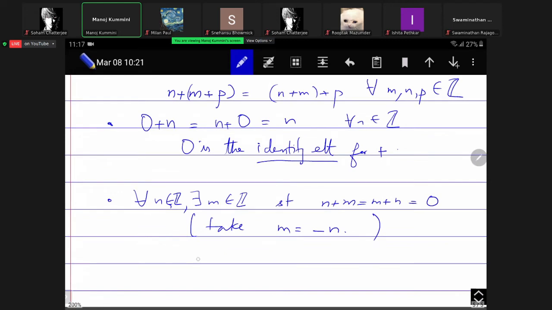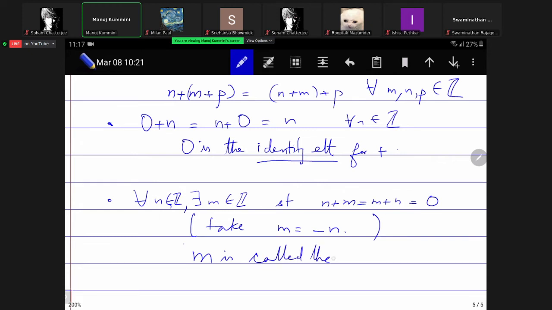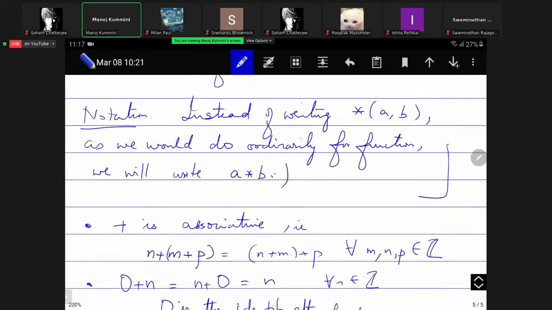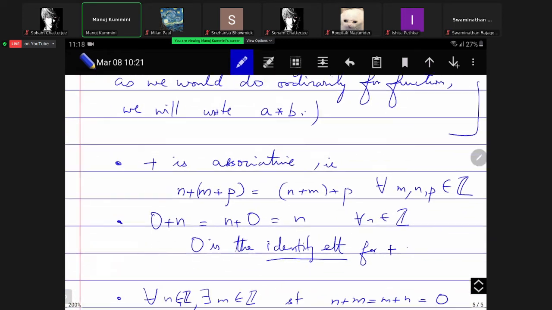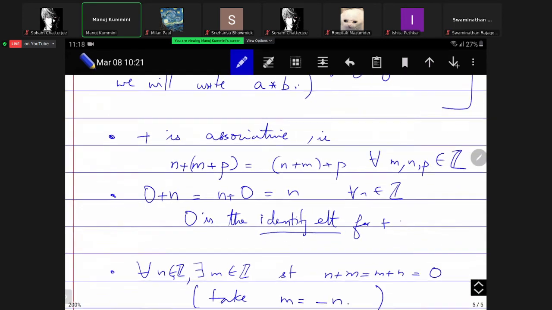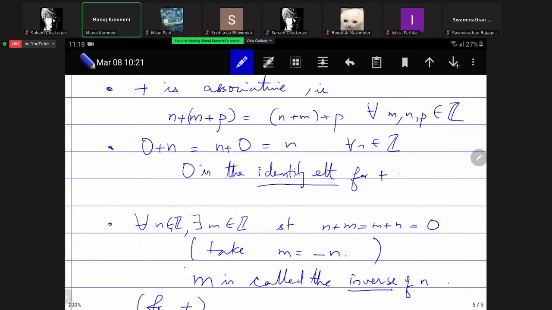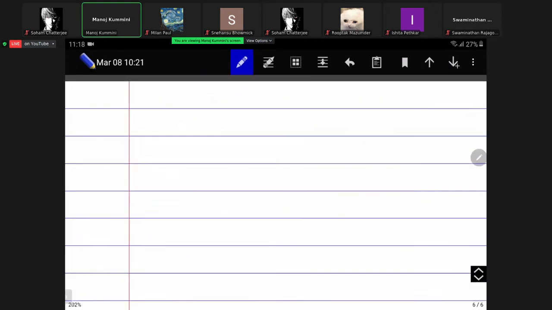This is called the additive inverse, the inverse for the operation plus. So these are the properties that we're going to look for in what we will call a group: a set with a binary operation that is associative, has an identity element, and every element has an inverse. I'll make the definition proper after we see a few examples.